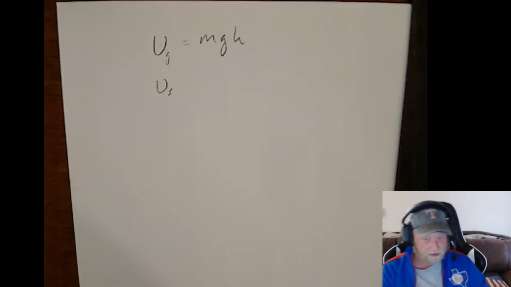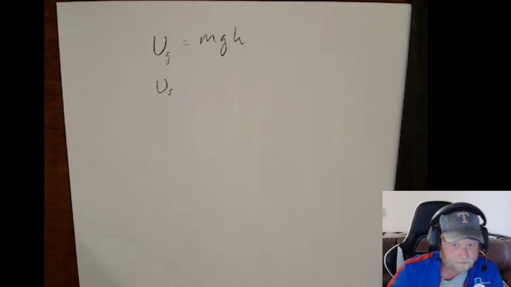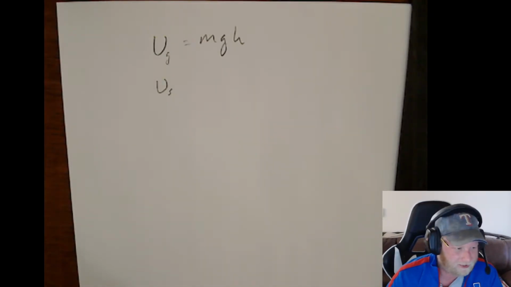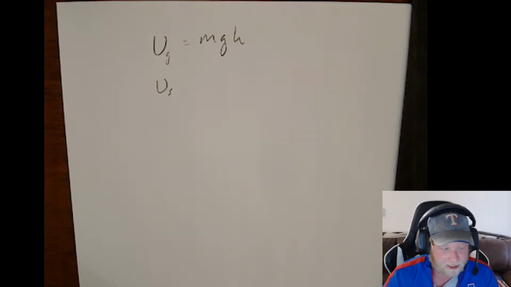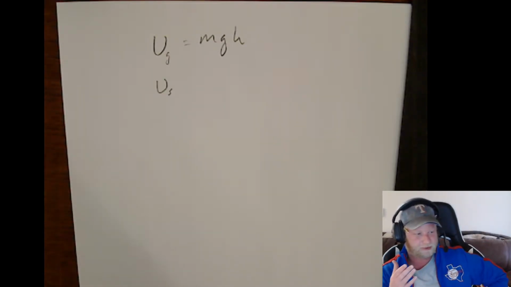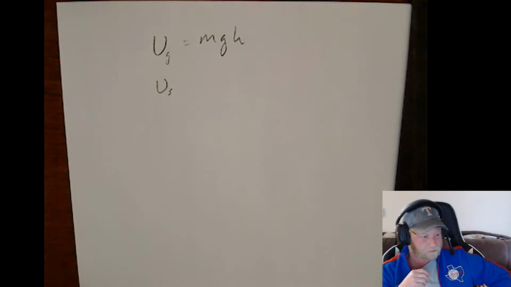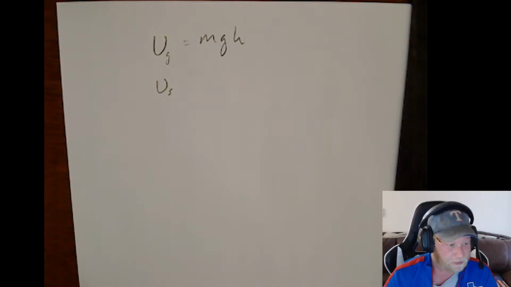Now, one thing to be cognizant of is that when we're talking about height, height is entirely arbitrary. It depends on the observer. Let's say we were in a year where we could do labs, and we're out in the hallway dropping a ball. Where would be the most logical place to set height equal to zero? The floor.